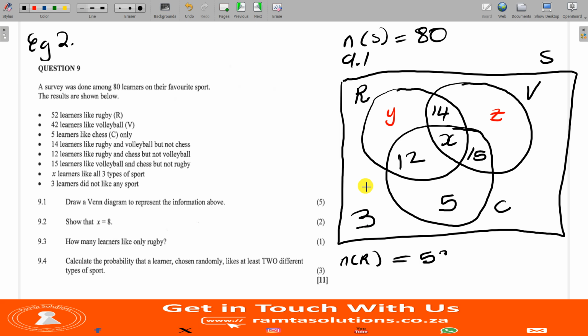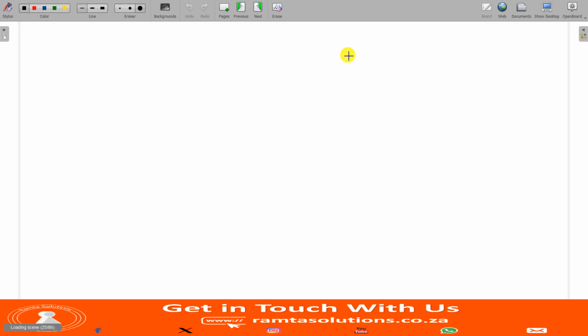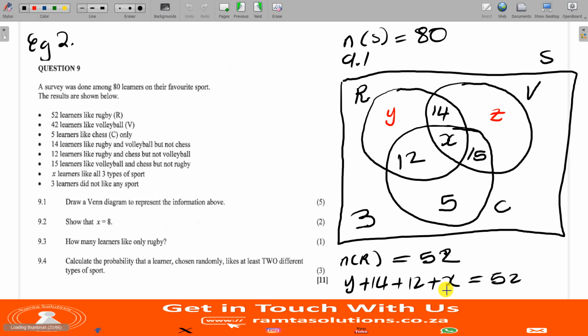So we will say for rugby, what do we have? We have Y plus 14 plus 12 plus X equals 52. So what is this? 52 minus 14 minus 12 is 26. So Y equals 26 minus X. Remember, this X is positive.